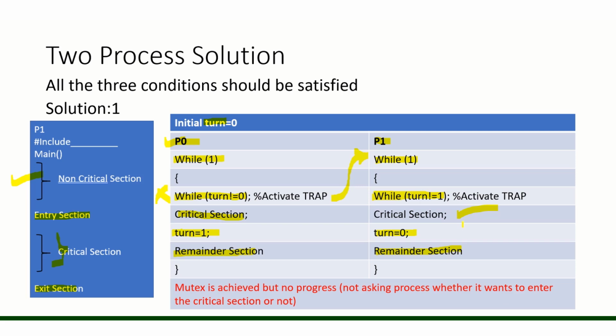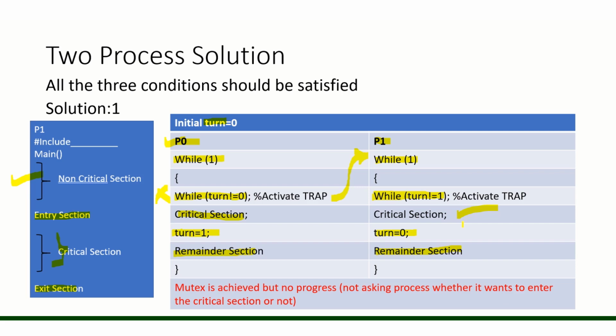So here, if you see, mutual exclusion is working. Only one process can be in the critical section at a given time. Now we have checked that mutual exclusion is satisfied.